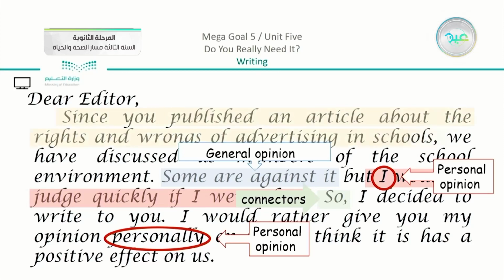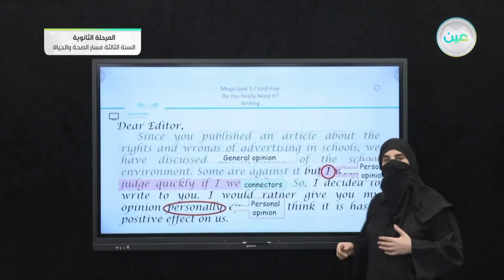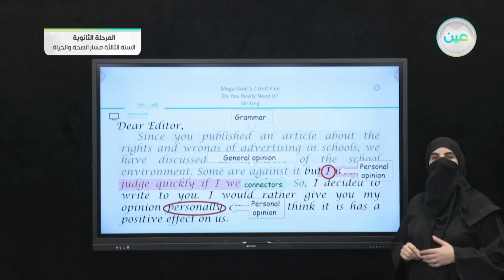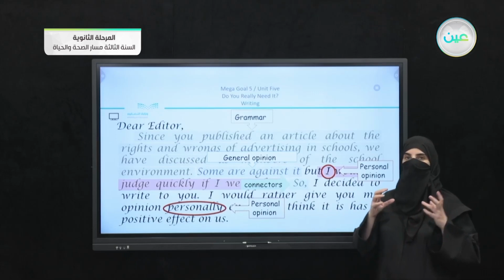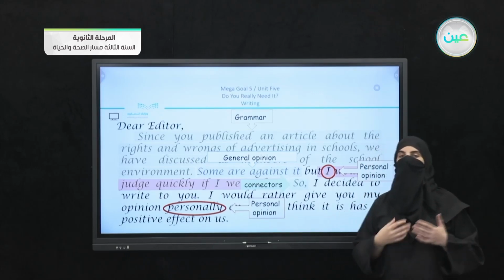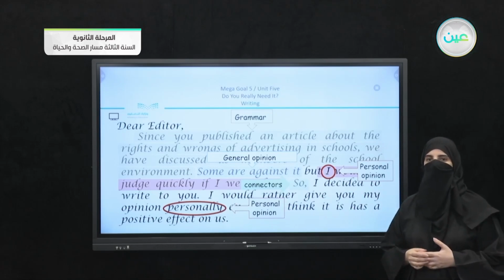And we do have, since you published an article about the rights and wrongs of advertising in schools, we have discussed. You can see that even in this essay, I am using grammar. Now, this is a very useful way to apply your grammar lessons and even the vocabulary, and you can just practice everything that you have learned.